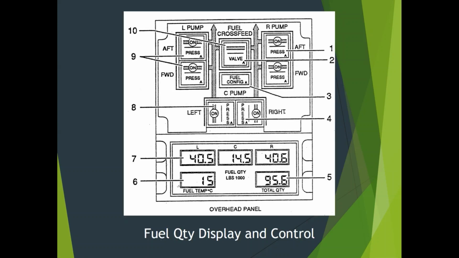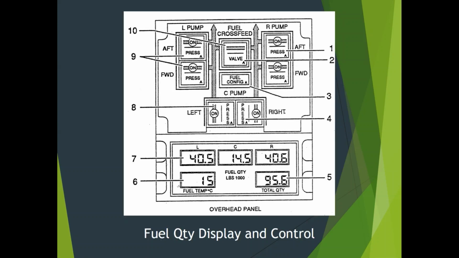You typically can't move fuel from one side to the other on a transport aircraft, but if one side or the other becomes heavy, for instance, if our right tank were heavier than our left, you could shut off the forward and aft boost pumps on the left side, open that crossfeed valve, and both engines then would pull fuel from the right. There's a warning light in the middle for fuel configuration if something's abnormal.